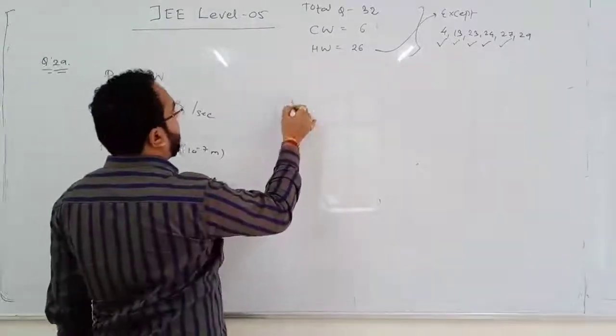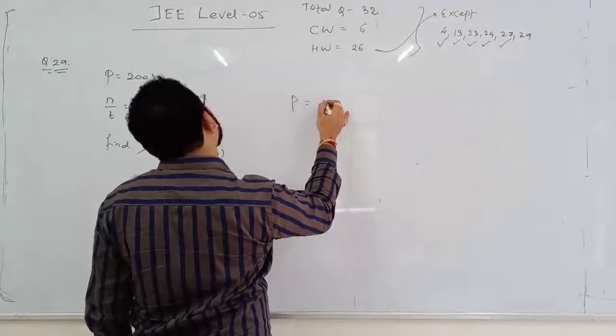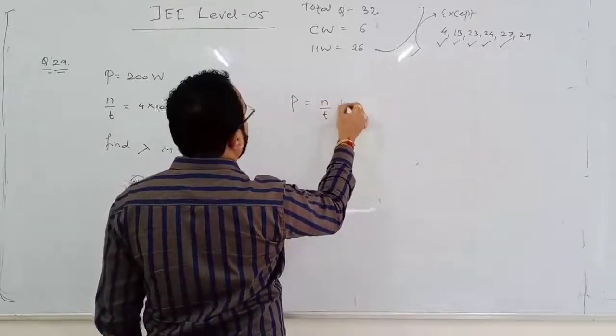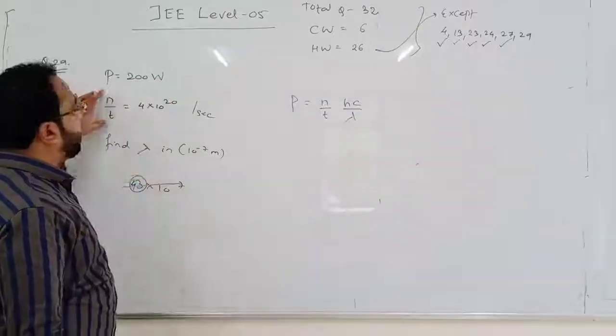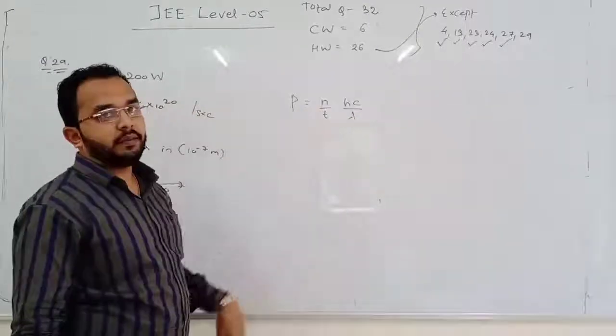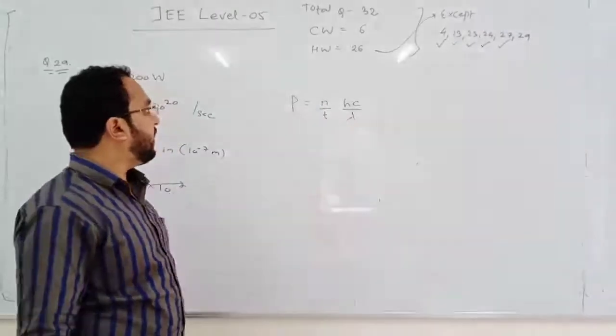We know power is equal to n upon t into hc upon lambda. So n upon t is given, that is number of photons per unit time. Dividing by unit time gives power.